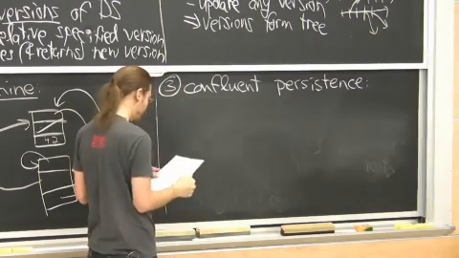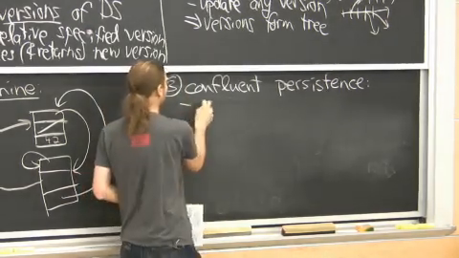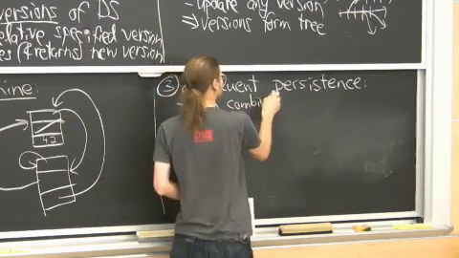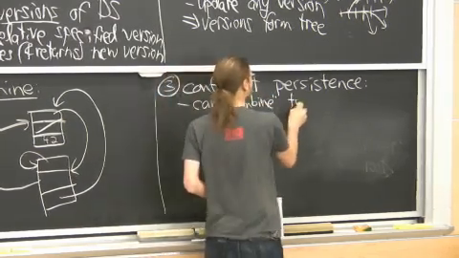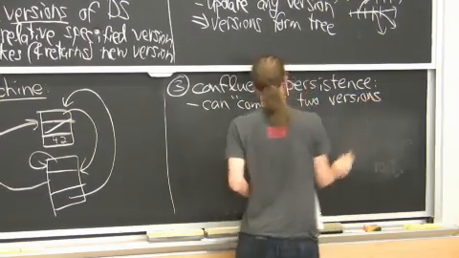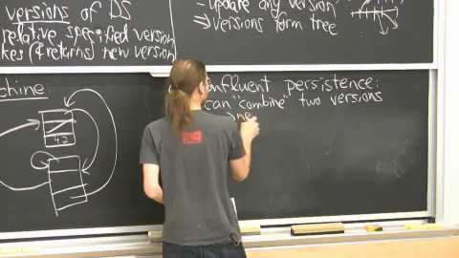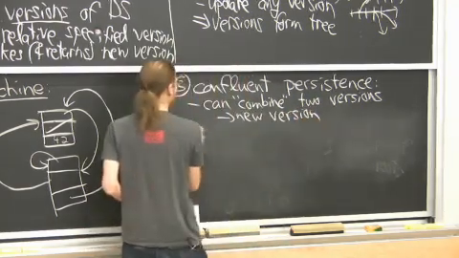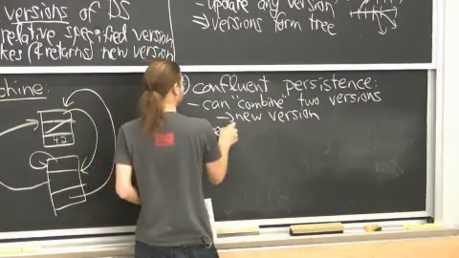So confluent persistence, you can combine 2 versions to create a new version. And in this case, again, you can't destroy old versions.